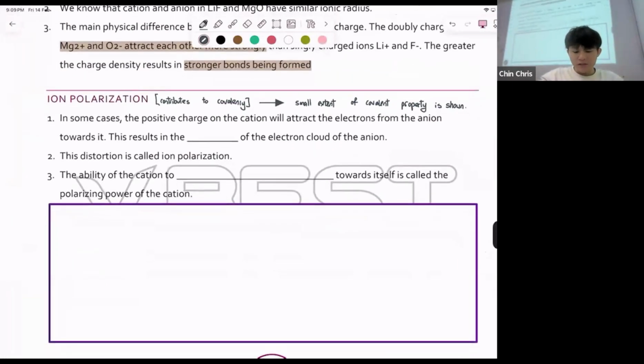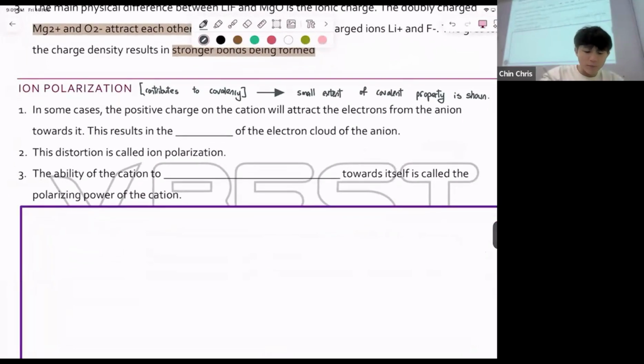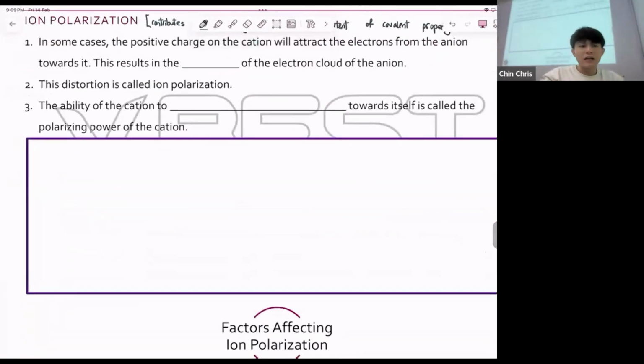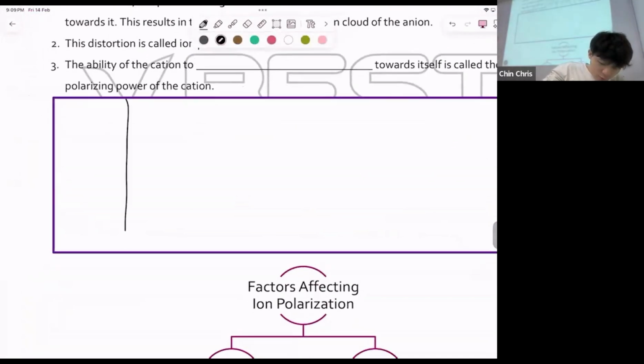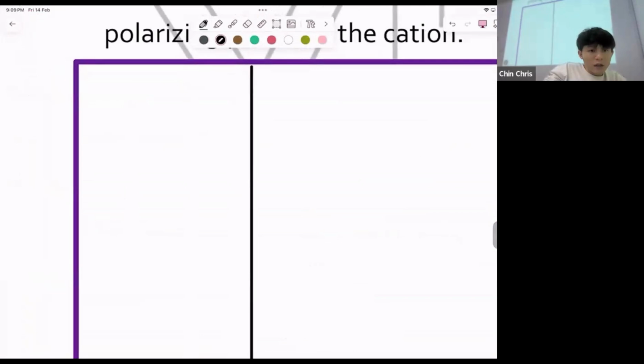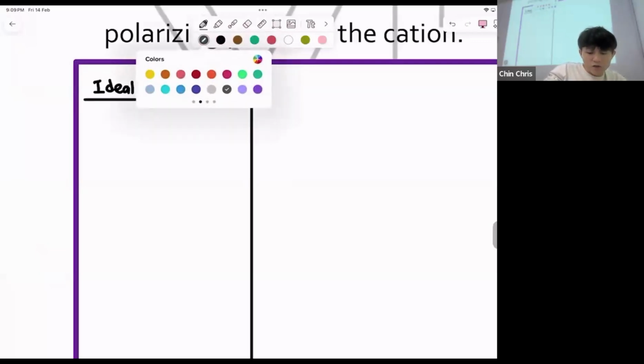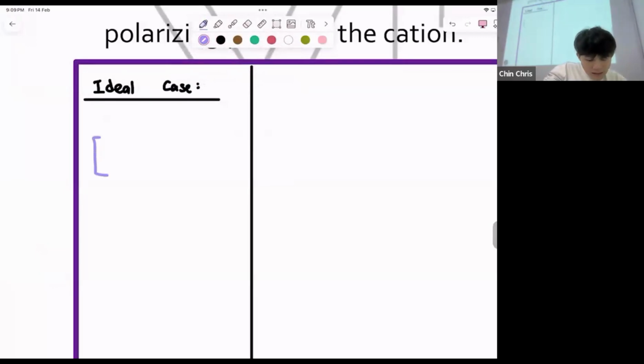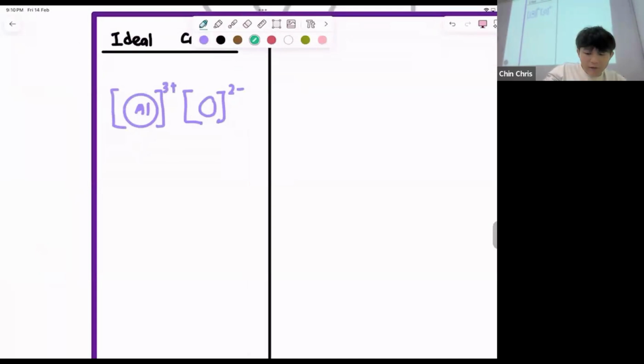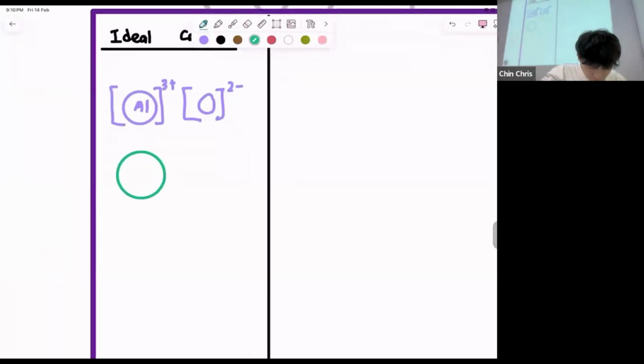All right, guys, in some cases, the positive charge on the cation will attract the electrons from the anion. Okay, so again, I'll give you a diagram. So you see, this is the difference between an ideal case and in actual. In the ideal case, as we did in IGCSE at A levels, AS, for example, if I put Al3+ and O2- next to it, I can visualize them as Al3+ and O2- side by side.